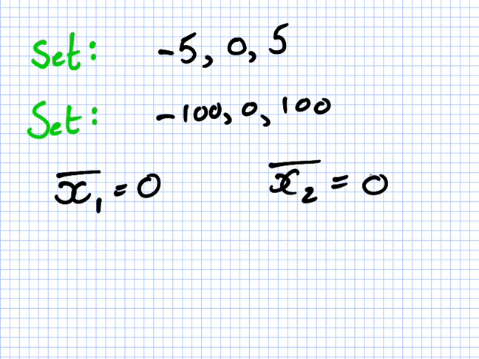So the formula for standard deviation, and remember, I'm saying standard deviation tells us how wide the data is. So we think this one should be wider than this one.